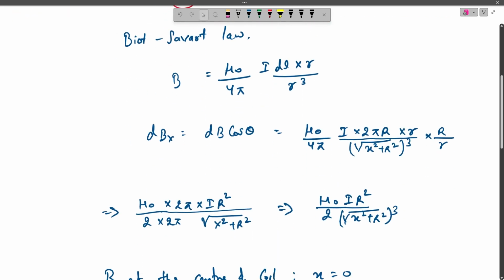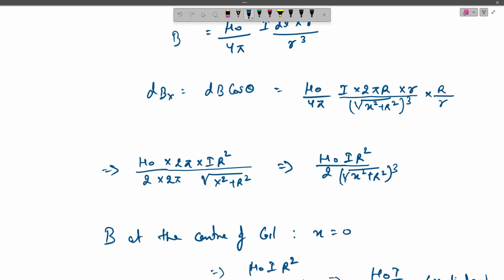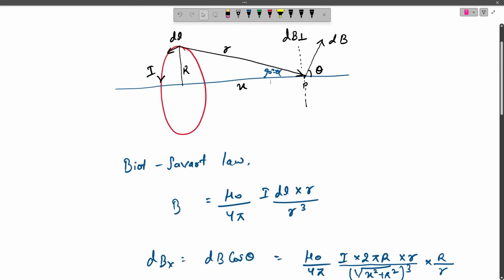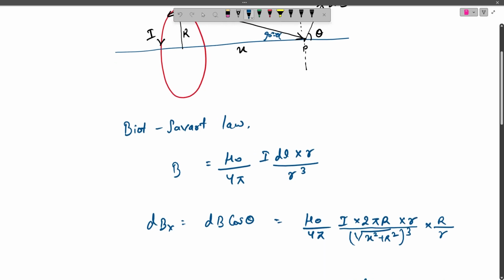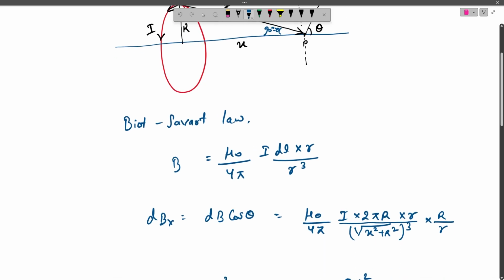Let's proceed. So dB cos theta, we can write it as mu naught by 4 pi. Here the integration of dl is going to be 2 pi R, because it is a circular coil. So we can write it as I times 2 pi R as dl, cross product r, the position vector, divided by r cube, and the small r is given by Pythagoras theorem, that is under root x square plus the radius of this coil square, now whole cube, multiplied by cos theta.